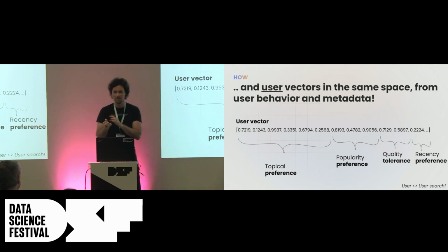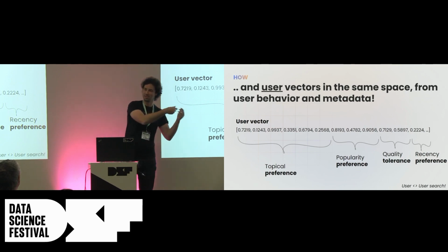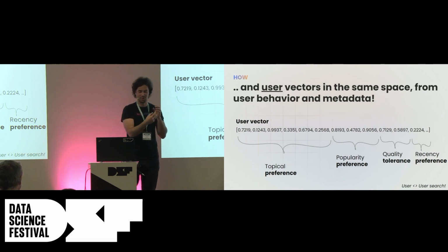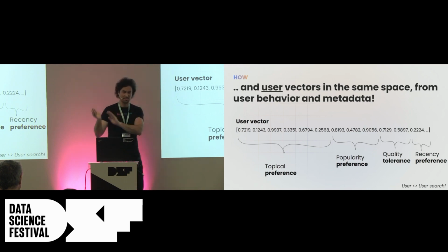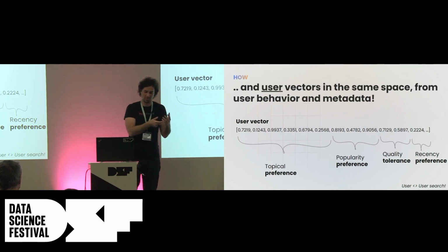For the user, it would be an aggregation of the semantic embedding of the content the user liked before, for example, right? So it would be an aggregation of the preference topically that the user has demonstrated through their behavior. This is the same semantic embedding space. It's just that on the user side it is the preference, and on the content side it is the description of the content.